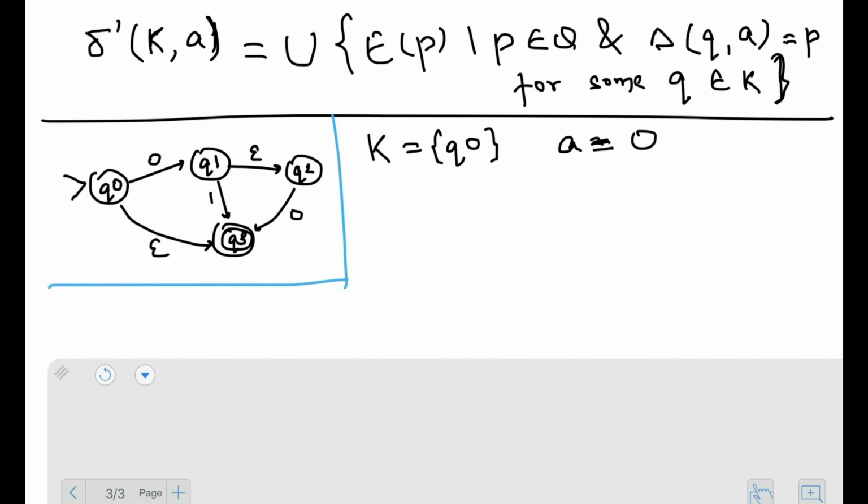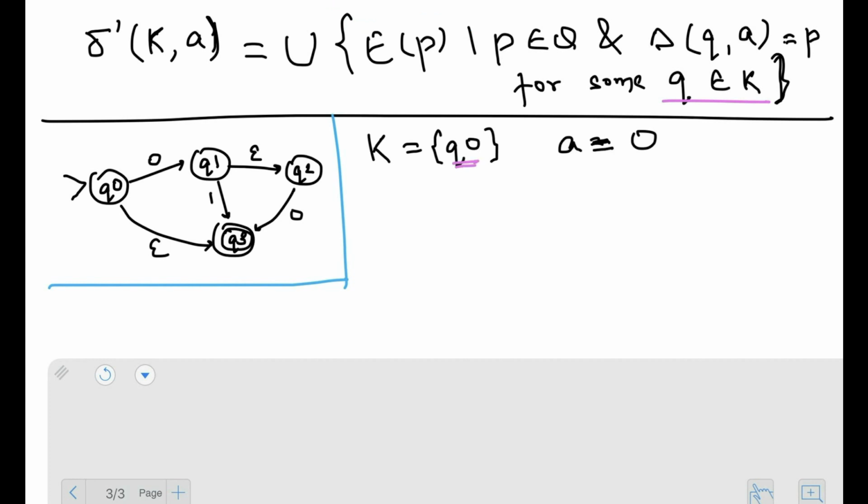So what I do is I say that it is equal to epsilon of p, where p is a state in Q, such that delta of q comma a is equal to p for some q belonging to k. So what we start with is this q belonging to k right here. I start with this. The only thing that belongs to k for me is Q0.